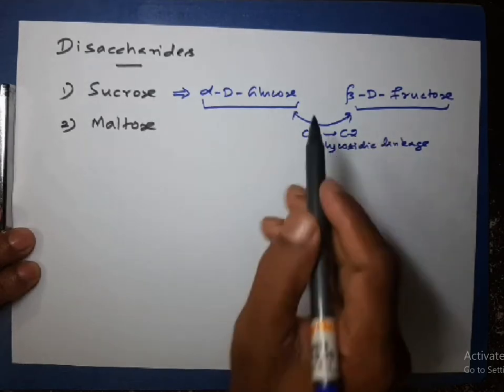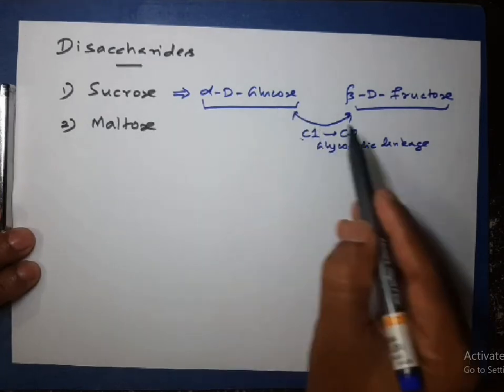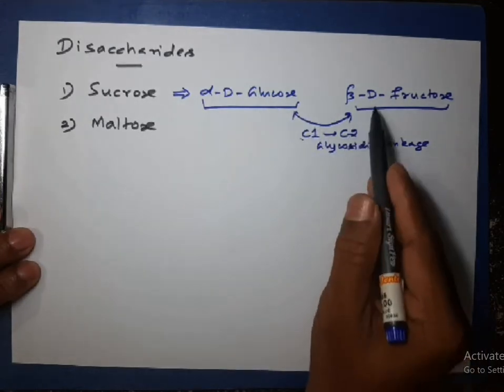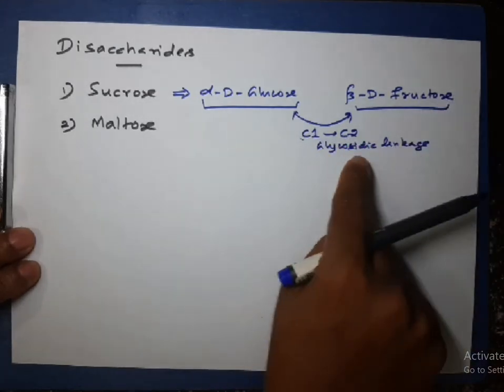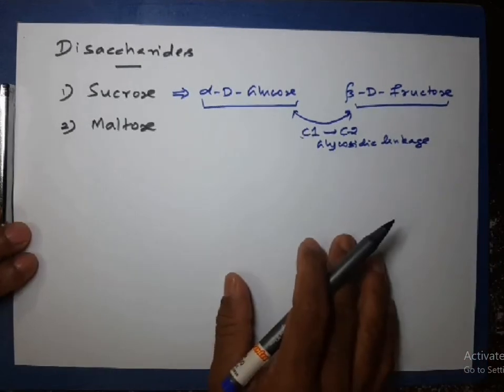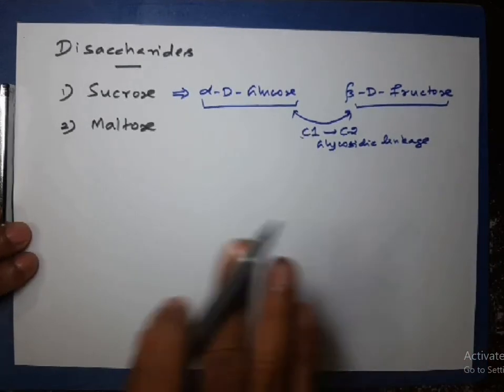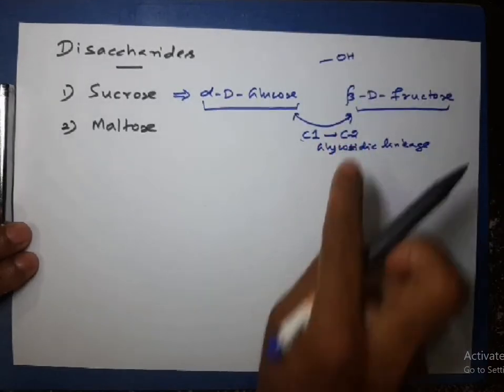You know very well, C1 is the anomeric carbon in glucose, and C2 is the anomeric carbon in fructose. Since both these anomeric carbon atoms are involved in glycosidic linkage, there are no free hydroxyl groups on C1 as well as on C2.